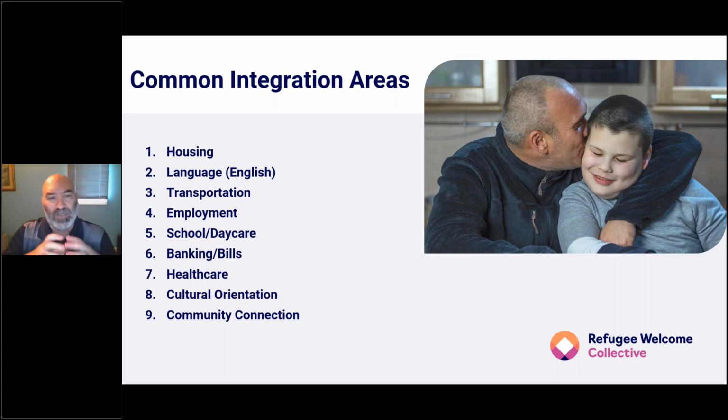Housing, language, specifically English here in the United States, transportation, employment, school and daycare, banking and being able to pay bills, financial issues, healthcare, general cultural orientation, and some community connection we're going to dive into at the end. Let's go to the next slide.